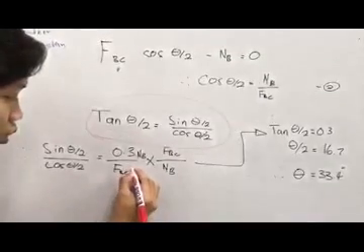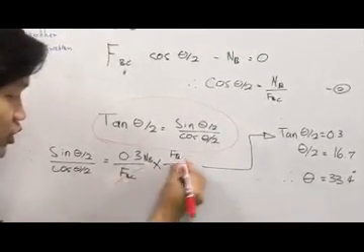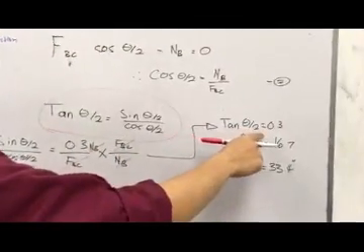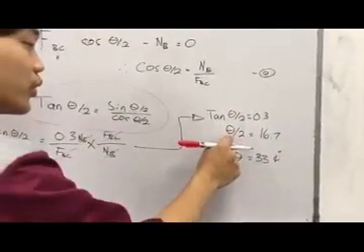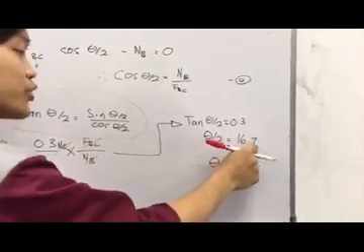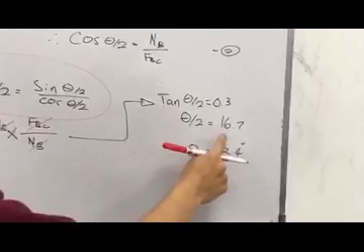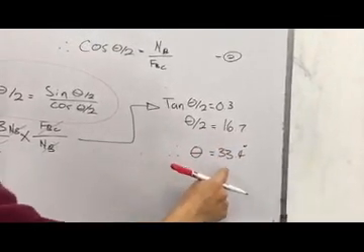We can cancel these, and tan theta over 2 will be 0.3. Therefore theta over 2 is 16.7, and theta is 2 times 16.7, which is 33.4.